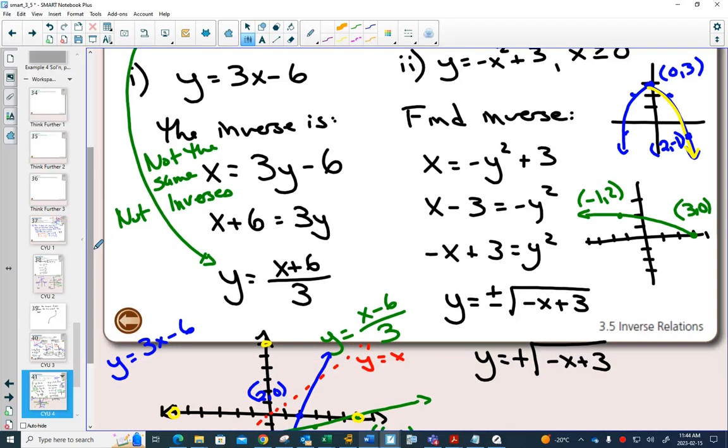Ooh. Are those the same? Negative x plus 3 and 3 minus x? Yes. Right? Adding and subtracting doesn't matter the order, so negative x plus 3 would be the same as 3 minus x. So algebraically, we can say they are inverses.